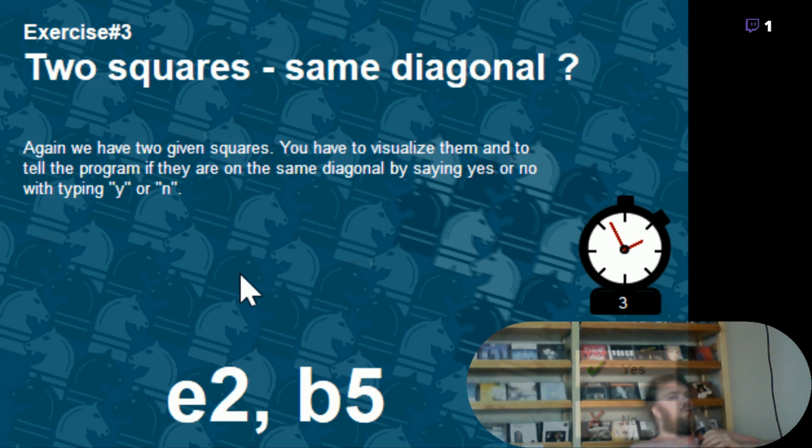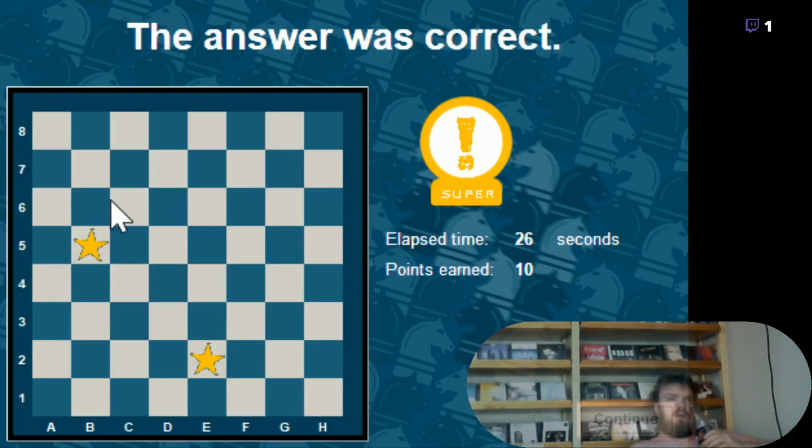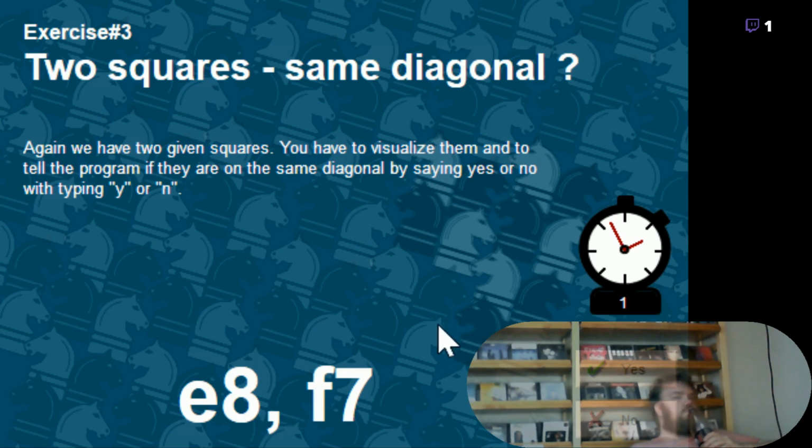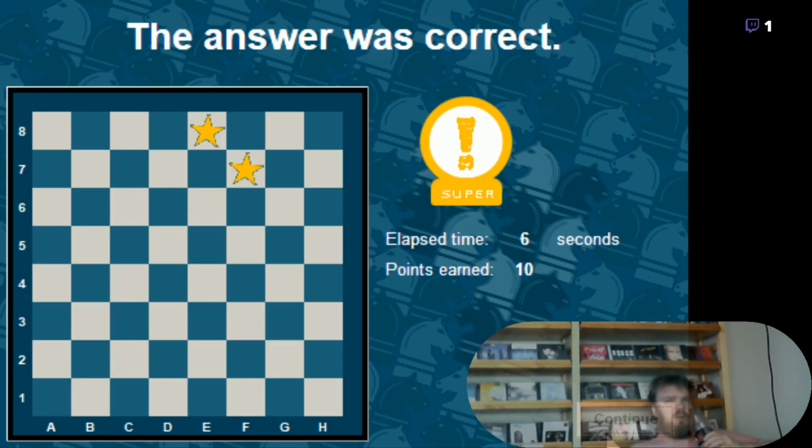And E2 is a light square, so is B5. And E2 is in same diagonal with F1, and F1 leads to A6, and A6 and B5 are, I guess there is a better word for it, adjacent to each other. E8 and F7 are both light squares next to each other.